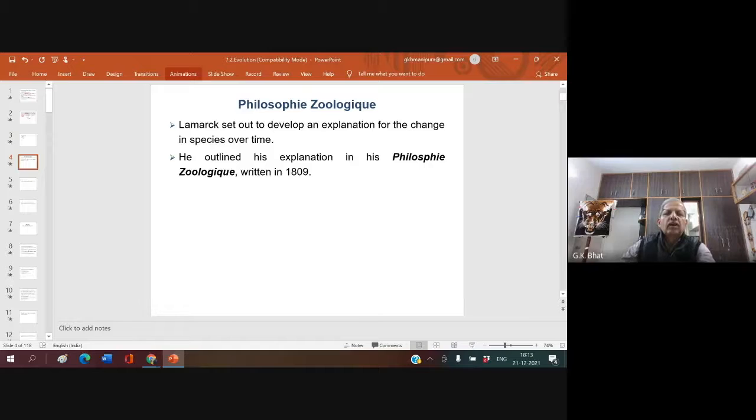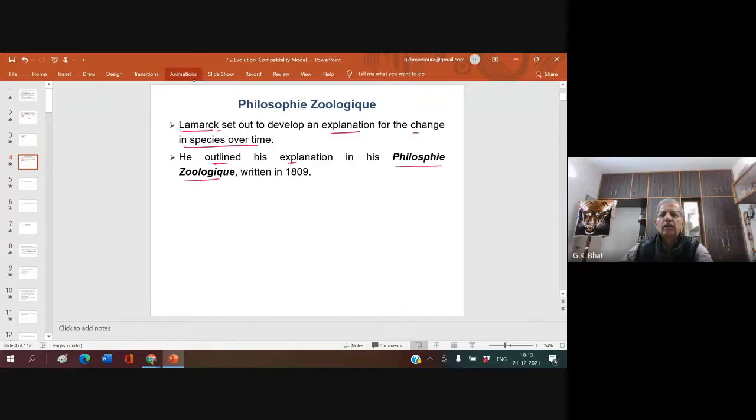Lamarck has written a book. Lamarck set out to develop an explanation for the change in a species over time, and he was the first person to speak about evolution. He narrated his explanation in a book written by him called Philosophie Zoologique, Philosophy Zoology.